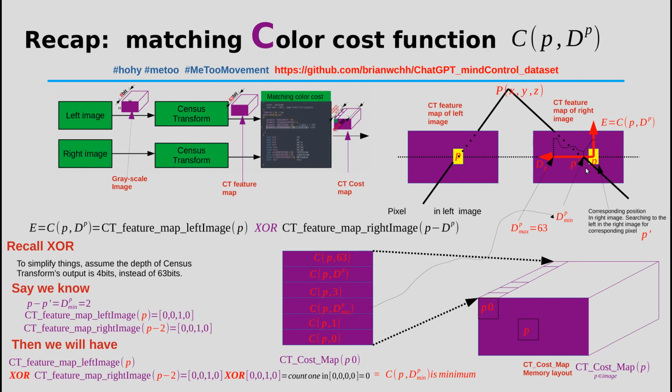So this position, CP2 will give us the minimum CT cost map. Okay, so if we don't consider the spatial constraint, then we directly find the minimum here.